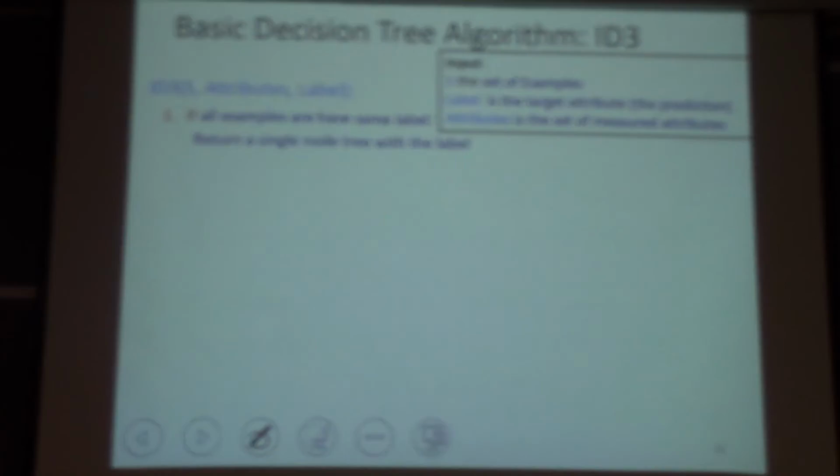And what you do is, first, if every example in the training set has the same label, then the answer is easy. You don't need to build a tree, you just create a leaf with that label. If you're playing tennis every day, independent of whether it's raining or sunny or windy or whatever, then the tree is a trivial tree. It's just a leaf that says, yes, go play tennis.